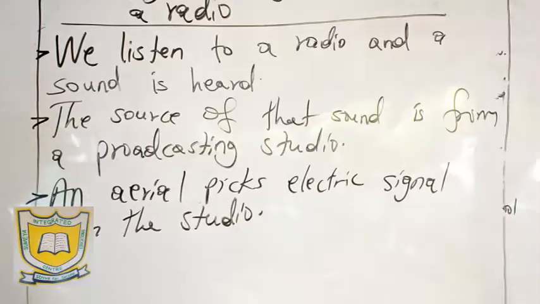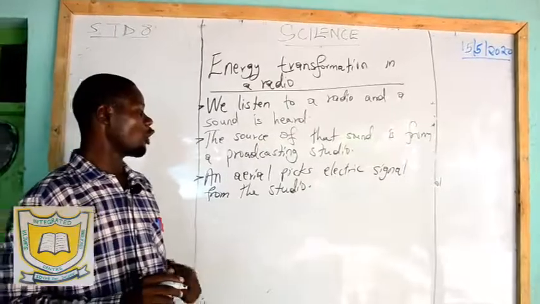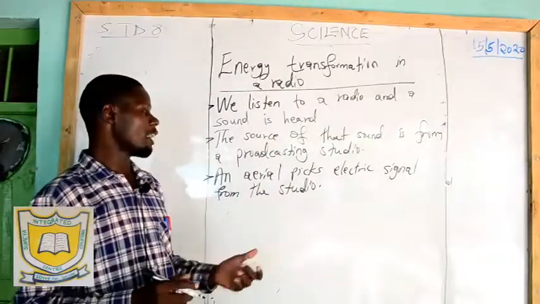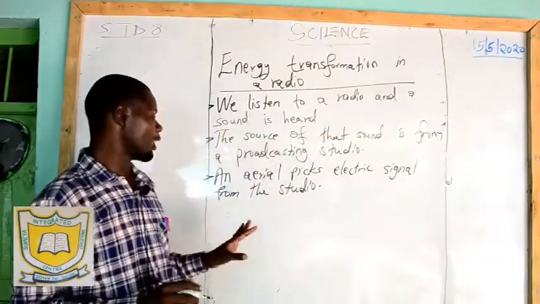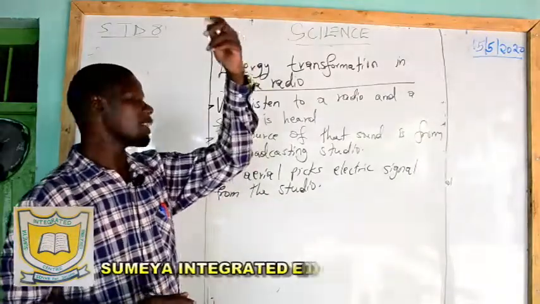That is the function of an aerial of the radio. It might be an internal aerial or external. Some radios have an external aerial and others have an internal one. They are the ones that pick the signal from the broadcasting studio.